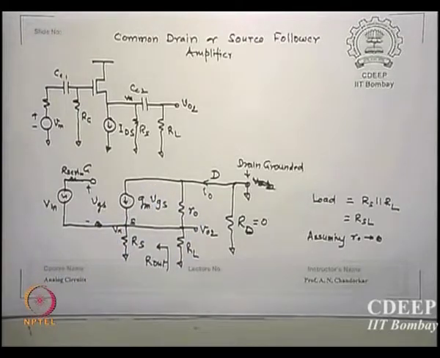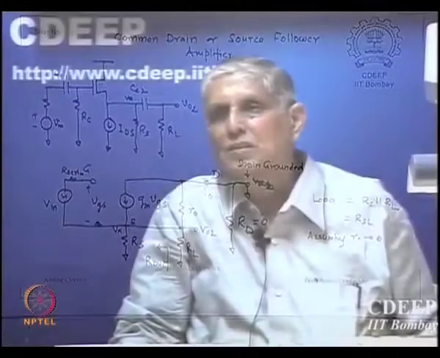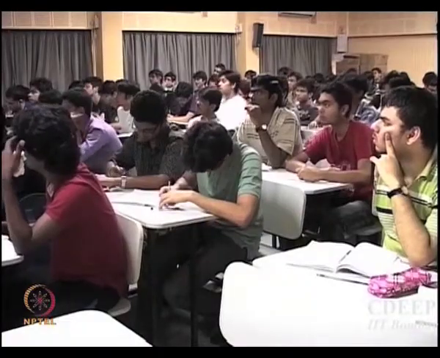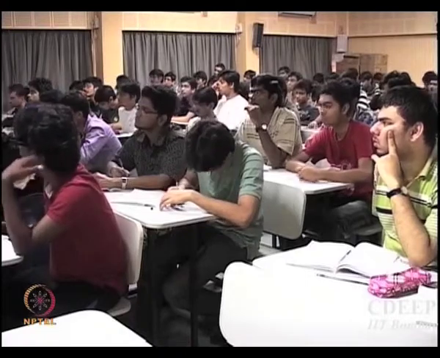What does it mean technology-wise? If R0 is very high, two possibilities exist. When R0 is very high, lambda is very small, close to 0, or IDS is very small, meaning you are operating at a very small drain source current.